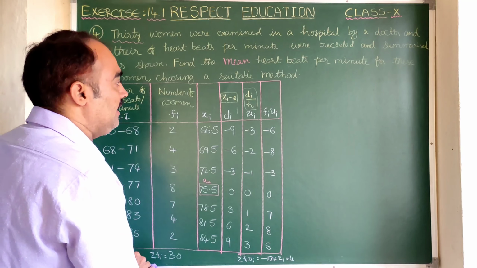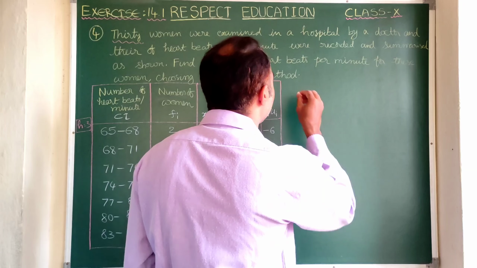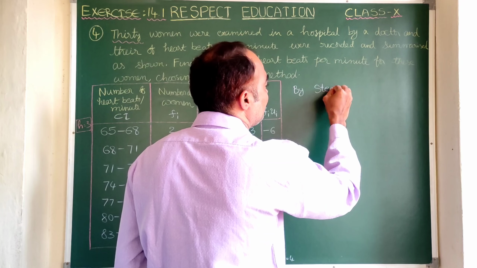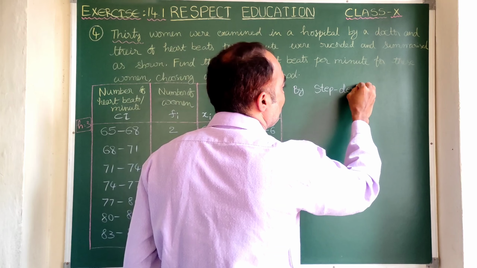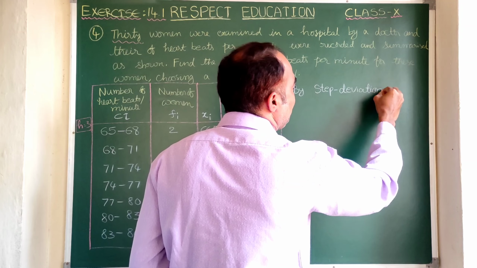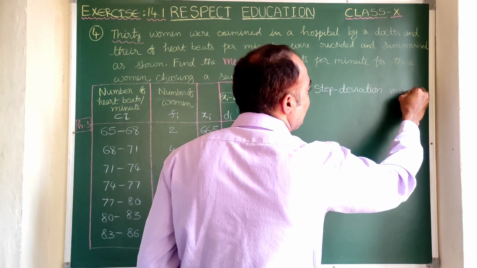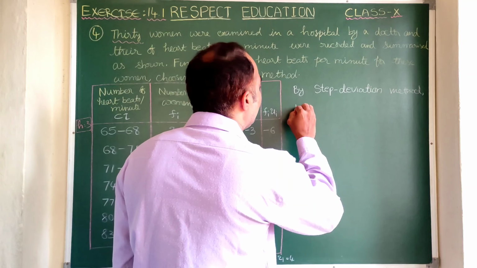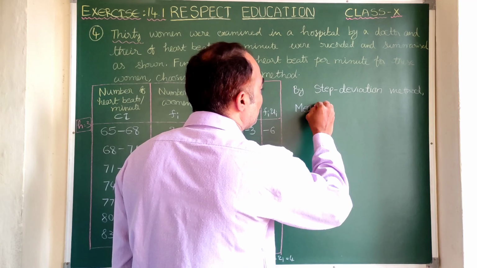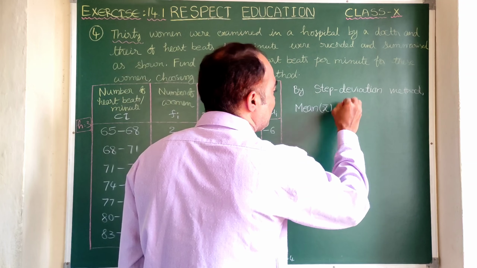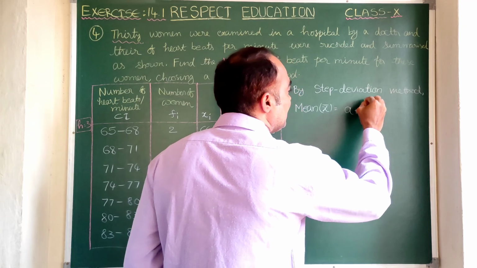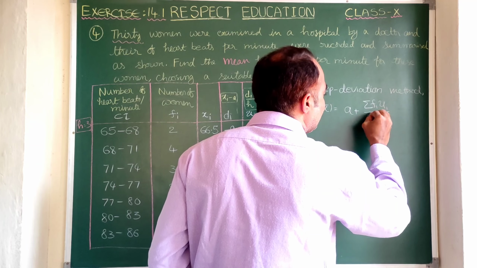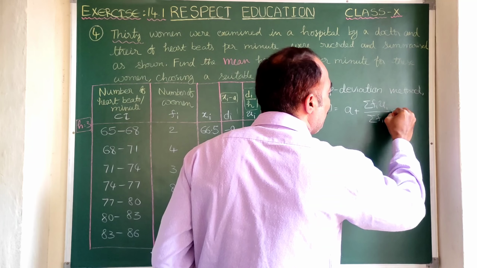Now here let us simplify this by the step deviation method. First we should write the formula. The suitable formula is mean x bar is equal to a plus sigma fi into ui by sigma fi into h.